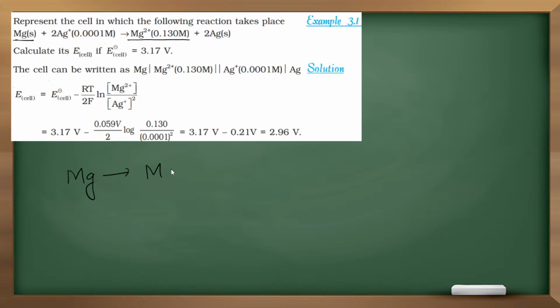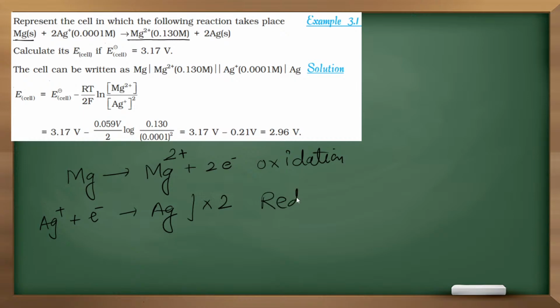So it loses 2 electrons, so oxidation takes place, and at the same time Ag+ gains 1 electron to give Ag. So it should be multiplied by 2, and on silver reduction takes place.